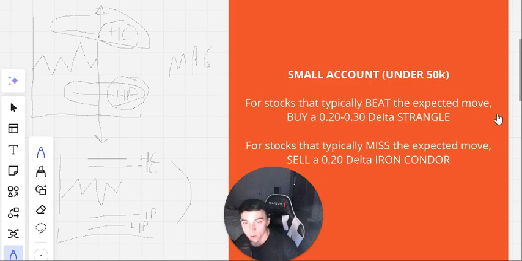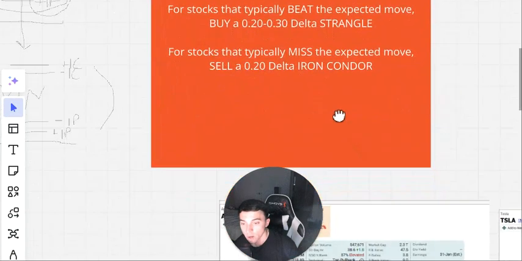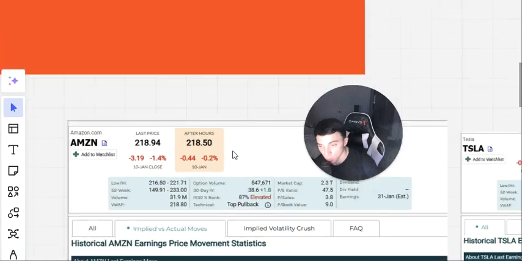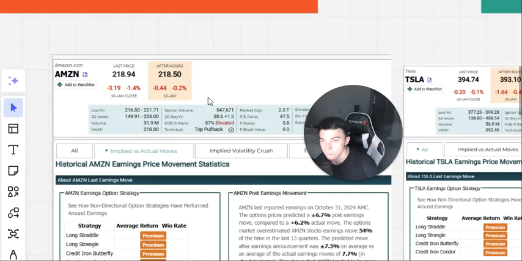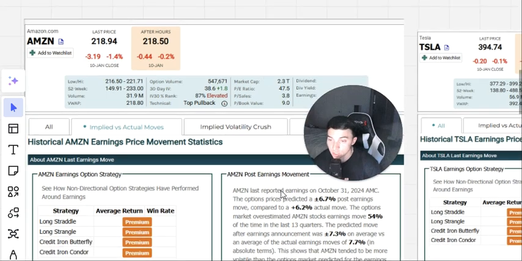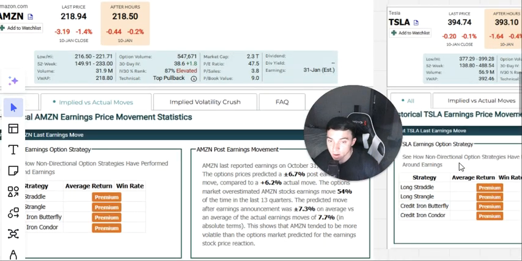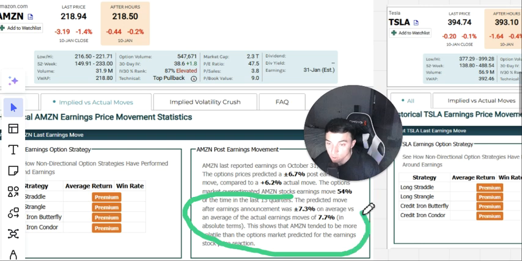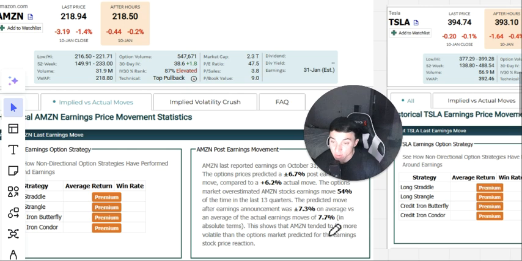But okay, let's go to what I am looking at. I use Bloomberg for this, but you can use Market Chameleon as well. If you look on here and go to Amazon earnings, you can see that it says the predicted move after earnings announcement was 7.3% versus an average of the actual earnings moves of 7.7%, right?